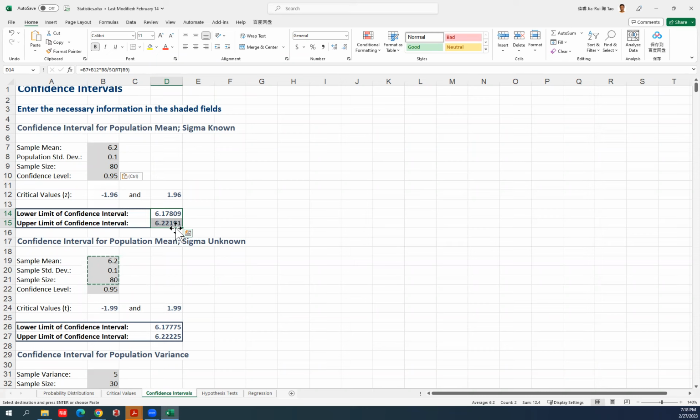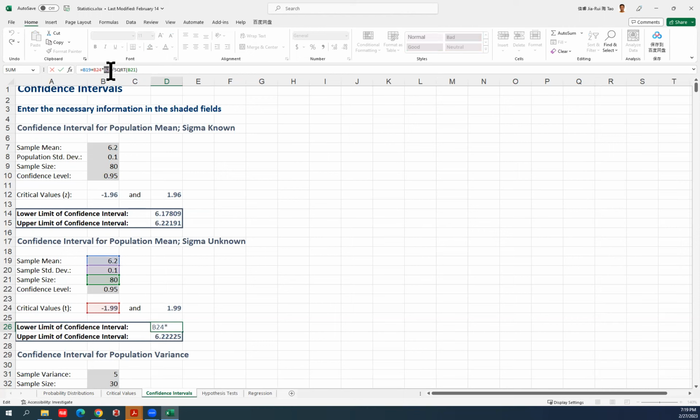This is expected because if we go to the formula to calculate the confidence intervals, if you click any of the limits, you notice the formula is nothing but a simple calculation based on 4 parts. We have the sample mean as the thing we need to add or subtract from. We have B24, which is the critical value, as a multiplier.